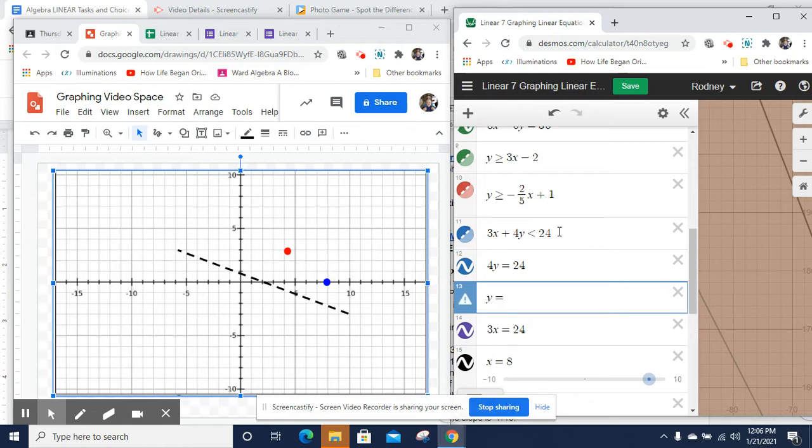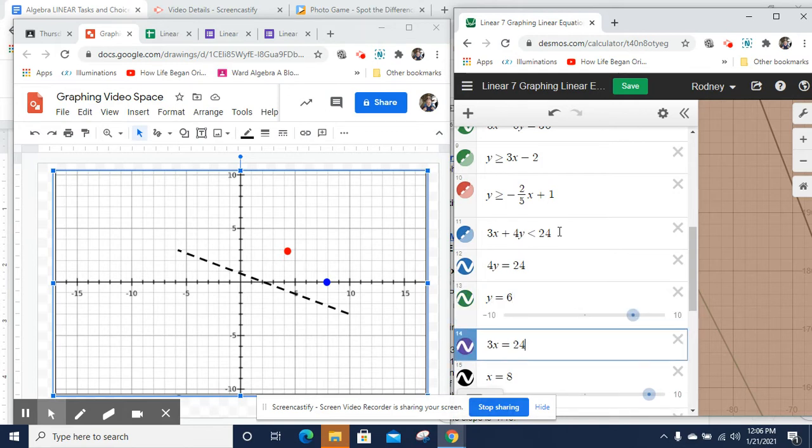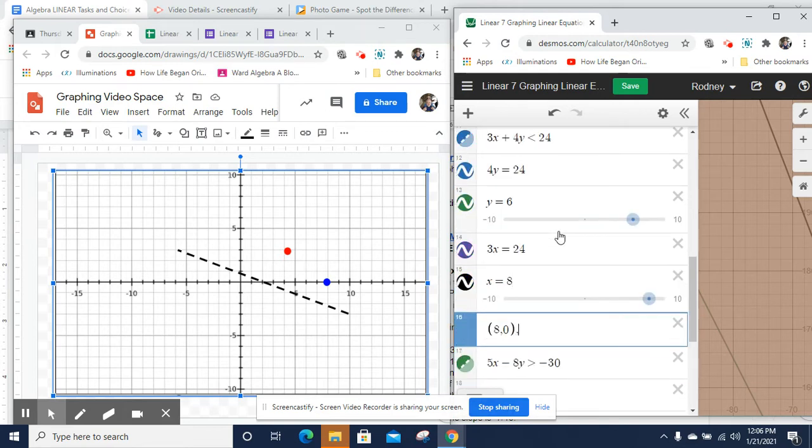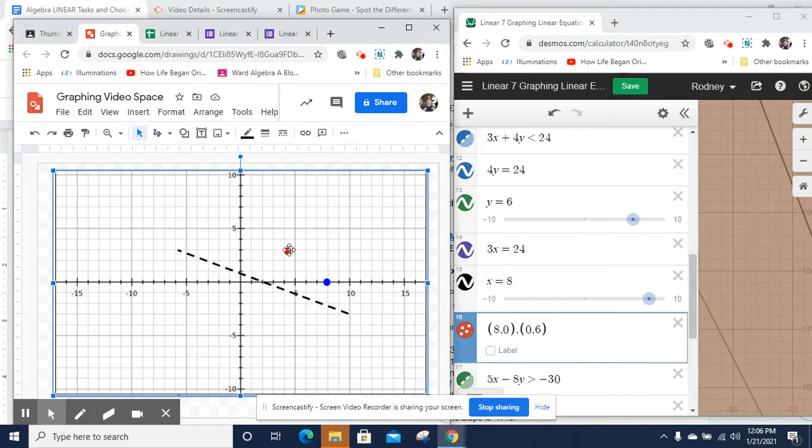Y is going to be 6. So you're going to have a y-intercept at 0, 6. So let's make a y-intercept at 0, 6, and we'll move this point over here. There you go. Now you've got 2 points, and we can draw a line through it.